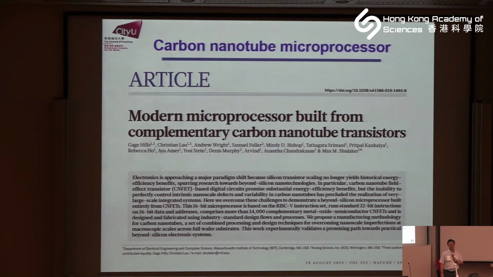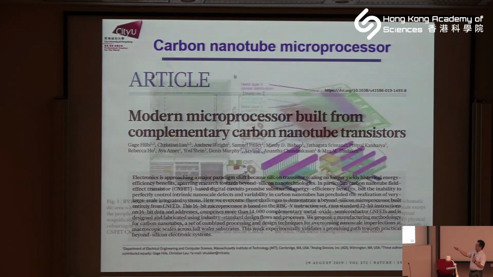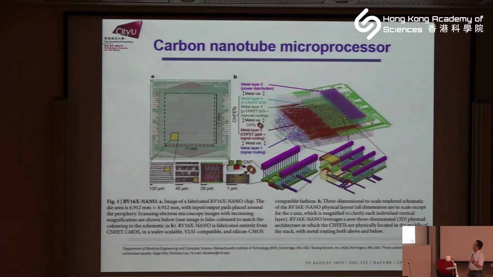This microprocessor is only 16-bit, but it has more than 14,000 MOSFETs, made of carbon nanotubes. Okay? And this is the design. You can see even with only 14,000 of those nanotubes, it's quite complicated. But it demonstrates that maybe carbon nanotubes are the future alternative to silicon.